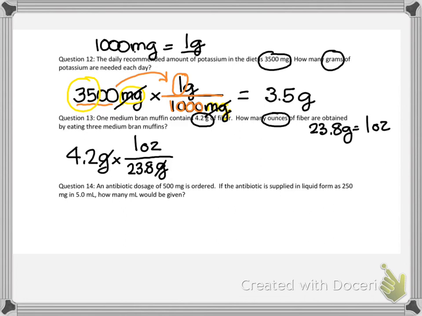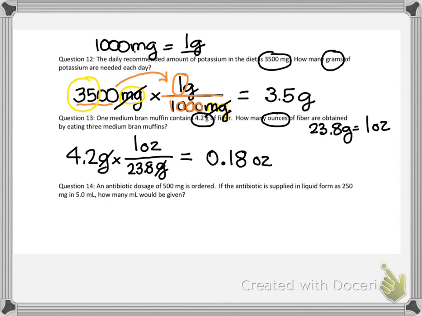Now, if you want to, right now, you can get an answer. I'm going to show you 2 ways to do this. So you have 4.2 times 1 divided by 23.8. And I get, to 2 significant figures, 0.18 ounces. On my calculator, I got 0.17647.